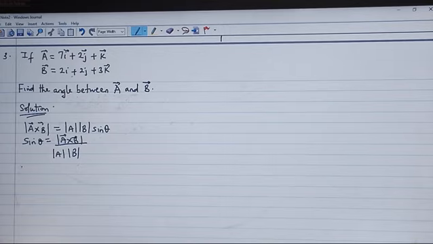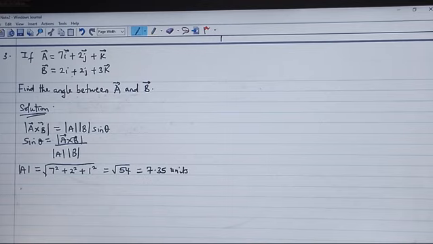So the magnitude of A is expressed as this. You use Pythagoras rule. 7 squared plus 2 squared plus 1 squared. That gives us the square root of 54, which is approximated to 7.35 units. So 3 significant figures.